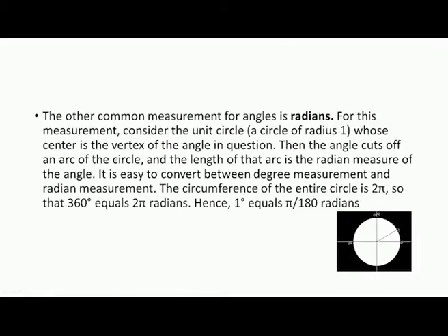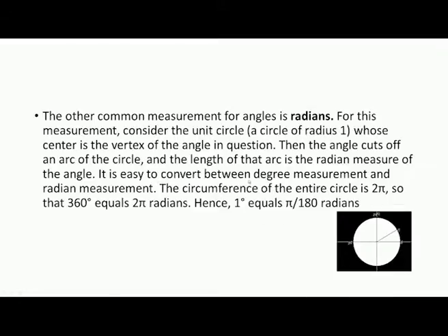Then the angle cuts off an arc of the circle, and the length of that arc is the radian measure of the angle. You can see here we have a line here, we have another line here, these two lines cut the circle. So, this length of arc is the radian.